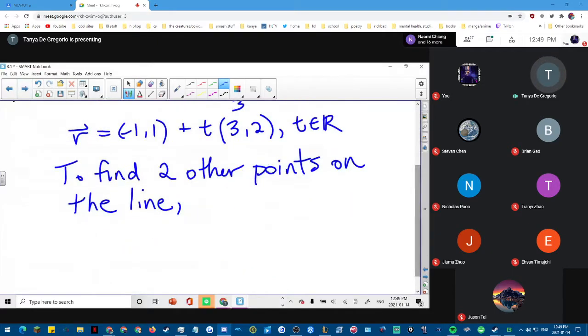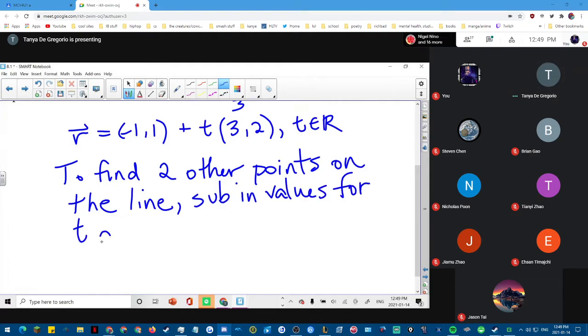So to find 2 other points on the line, sub in values for t and solve. All right, so values of t.